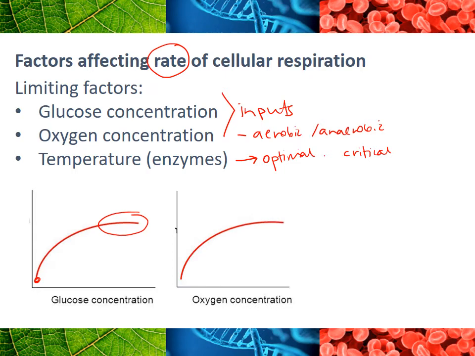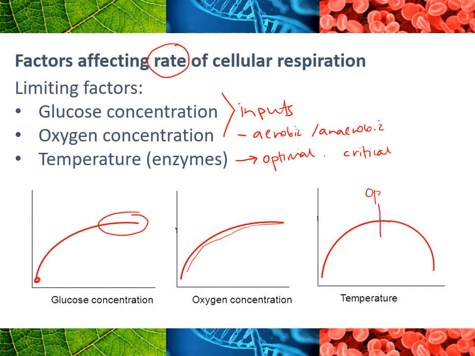Oxygen concentration, same thing. So to an extent, the more oxygen we have, the faster respiration will happen, until it gets to a certain point where it can't go any faster. So it levels out. And then our real difference is the temperature curve. So remember, as we approach our optimal temperature, which is probably around here, as we approach that, the rate increases, and then we'll get to a certain point, probably around here, where it's the critical temperature, and then the enzymes at that point will denature.